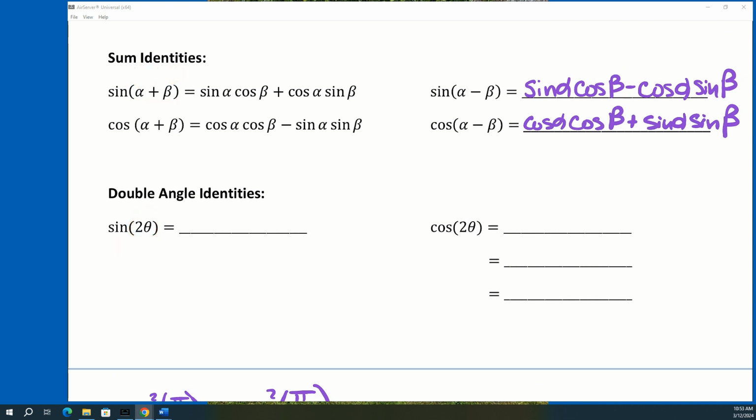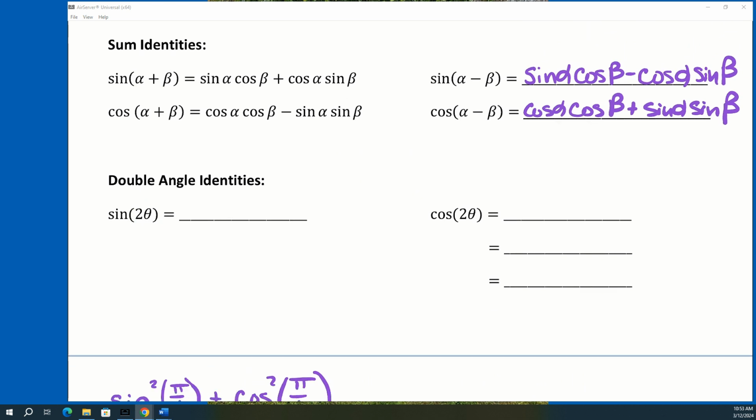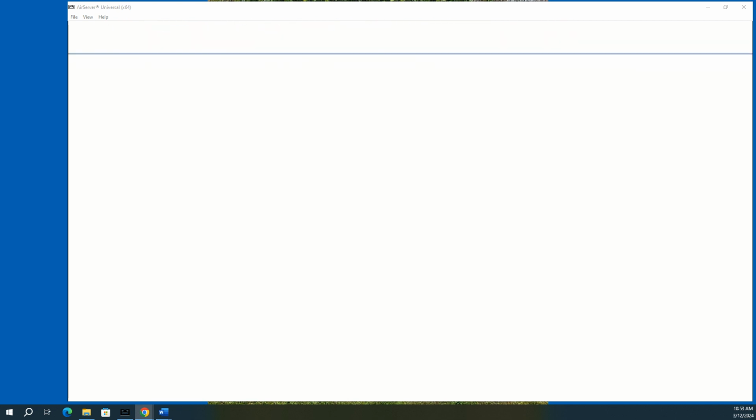Okay, so what we're going to do is we're going to take that sine of alpha plus beta, and we're going to make alpha and beta be theta. So in the place of alpha, we're going to put theta, and in the place of beta, we're going to put theta.